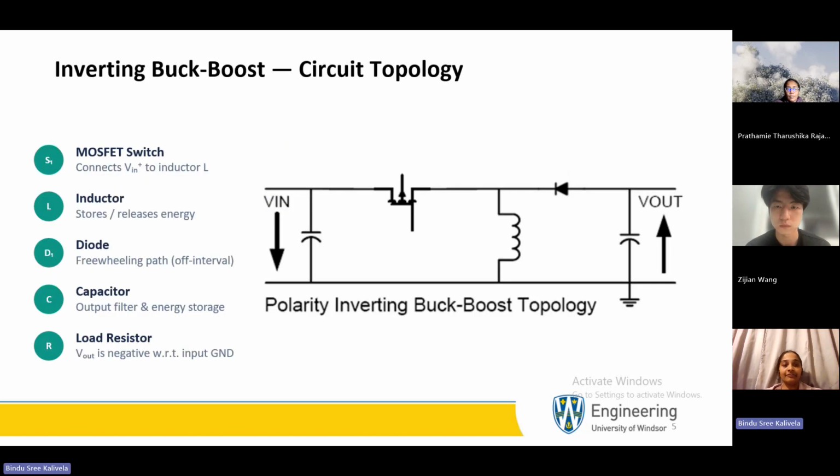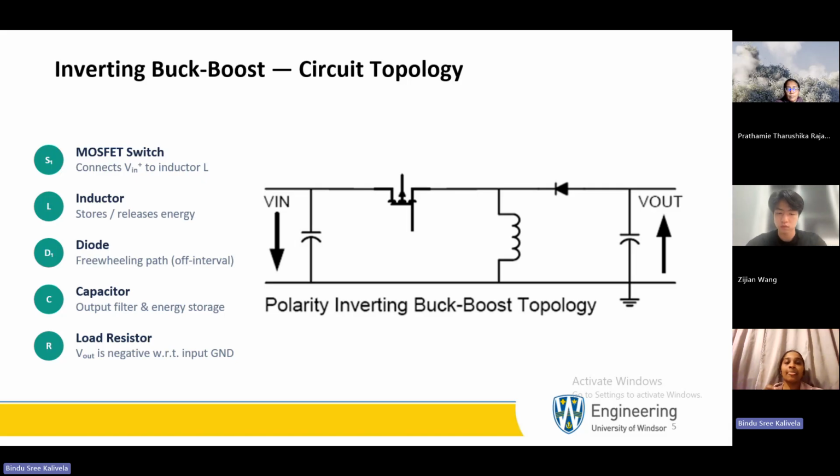Coming to slide 5, it's the circuit topology. This slide shows the inverting buck boost converter. The main components are the MOSFET, inductor, diode, capacitor, and load resistance. The MOSFET switch connects the input to the inductor, whereas the inductor stores energy when the switch is on and releases it when the switch is off.